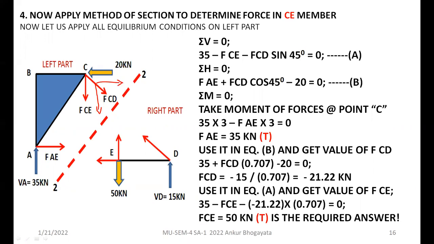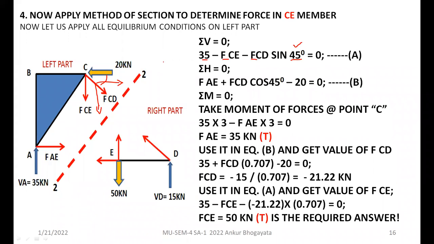So these 1, 2, and 3 forces are in the vertical direction. Both these are going down, so they are negative, and this 35 is going up, so it is positive. Angles we already know, so there is no need to consider anything else, right? So it is sine 45 because this angle is 45. That's all.